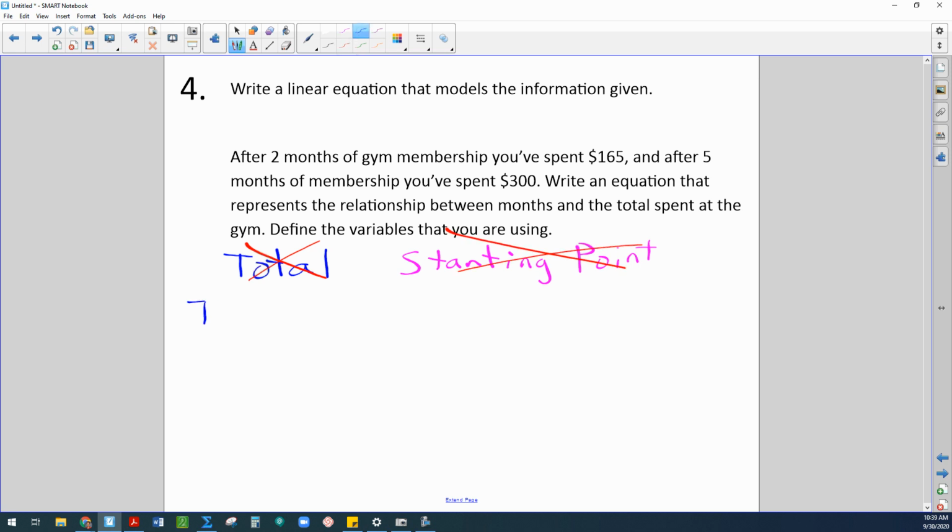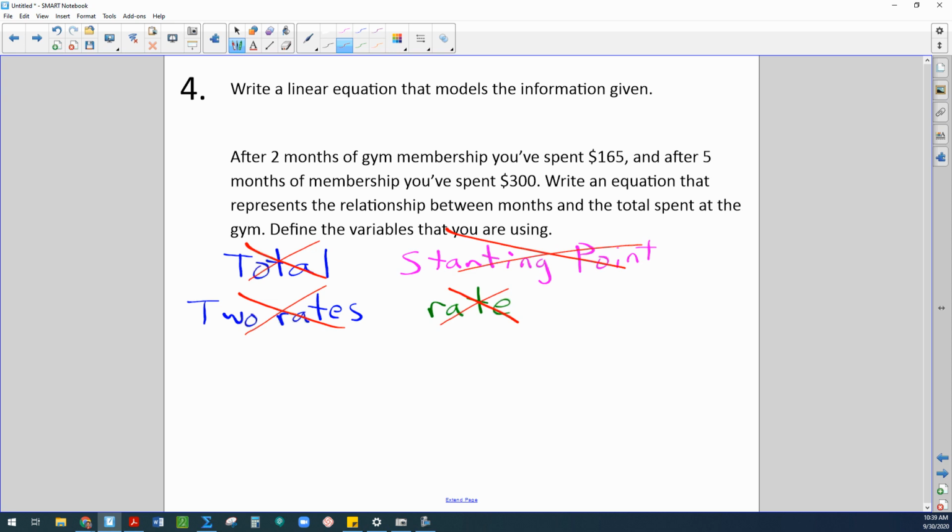We don't have two rates. And we don't have a single rate. So everything we've done so far, we don't have.